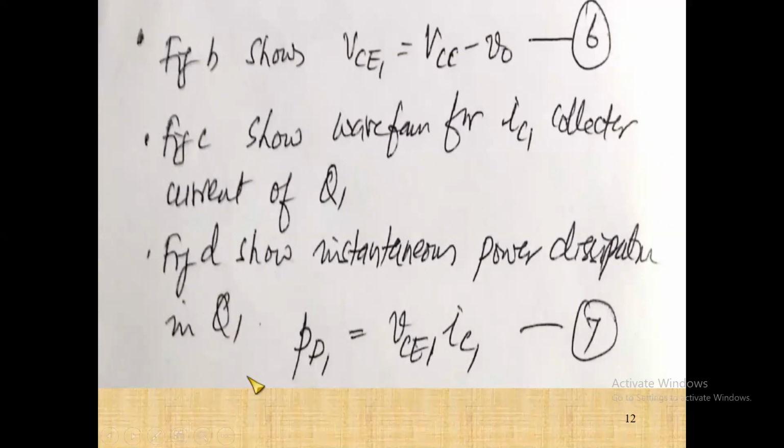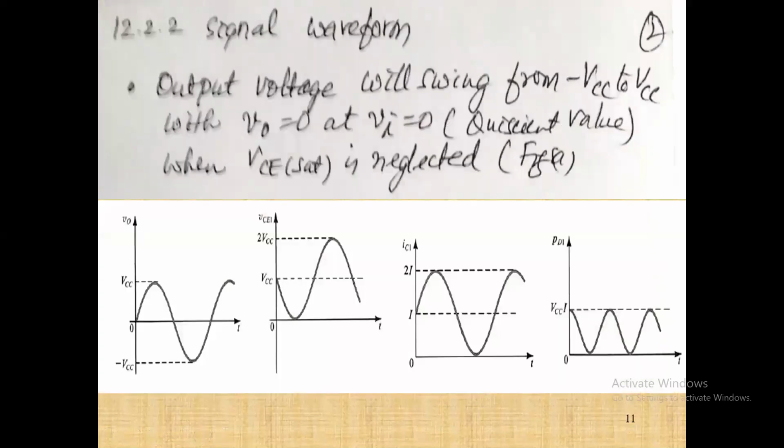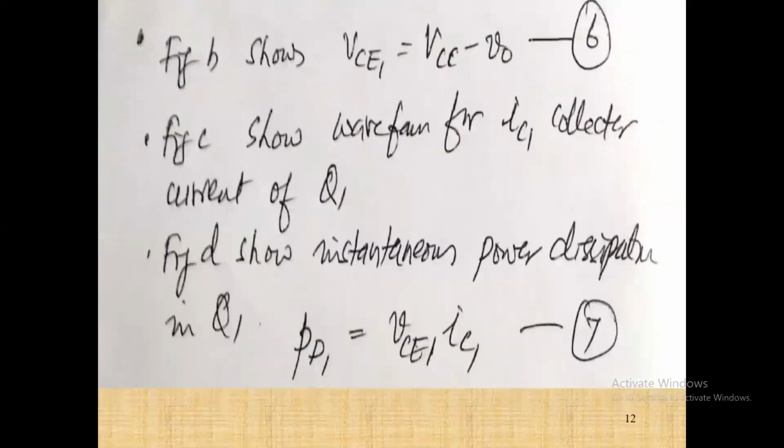The figure C shows the waveform for IC1, the collector current of Q1. Then figure D will show the power dissipation of the transistor Q1, which will be the multiplication of VCE with IC.